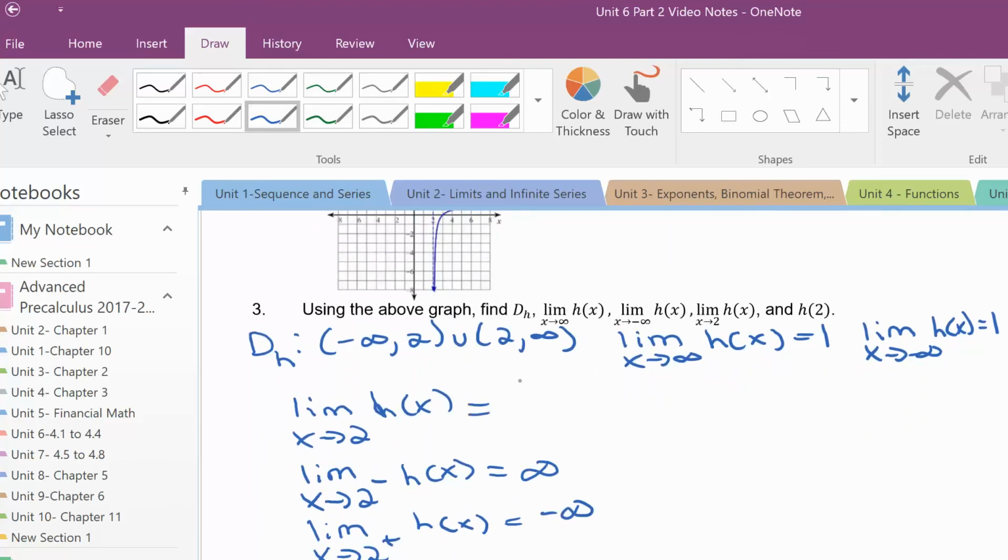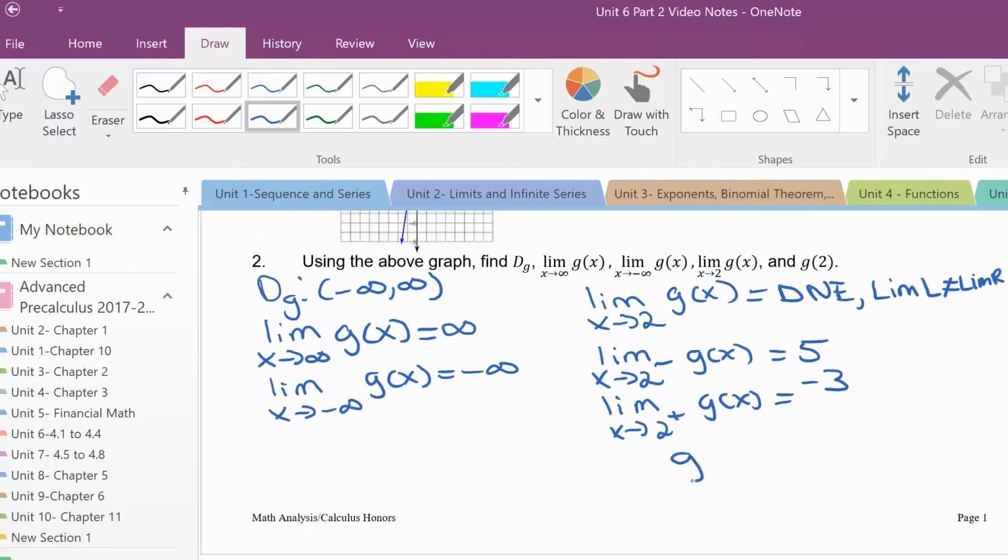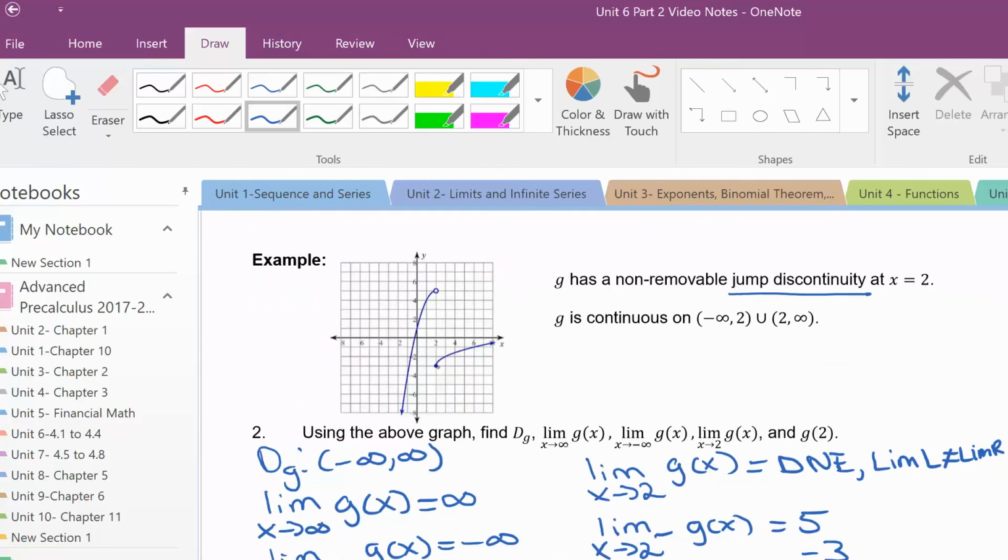That means that the limit as it approaches 2 does not exist because of unbounded behavior. H of 2 is undefined. I think I skipped here. I forgot to find G of 2. And G of 2 here is negative 3.